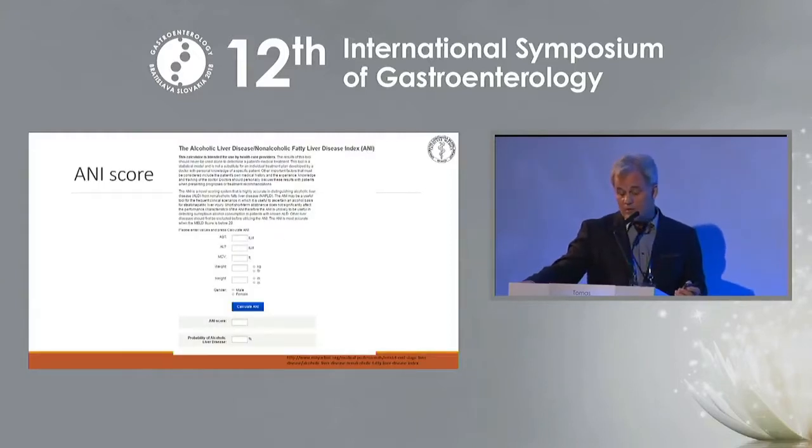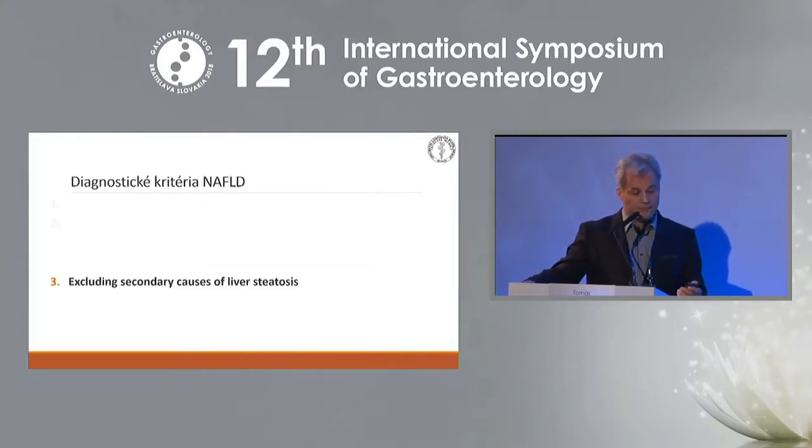There are some other models that have been developed, for example this one, which can be used if we're not sure whether the patient is having alcohol problems. It uses the AST-ALT ratio, mean cell volume, gender, and the BMI.